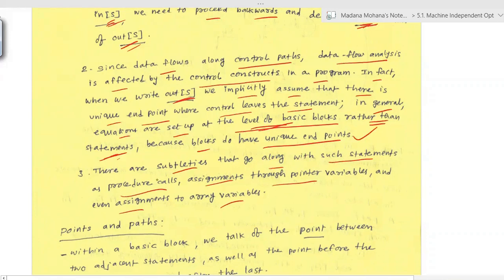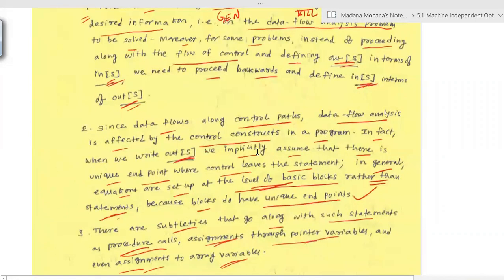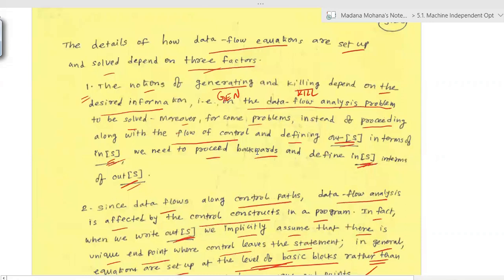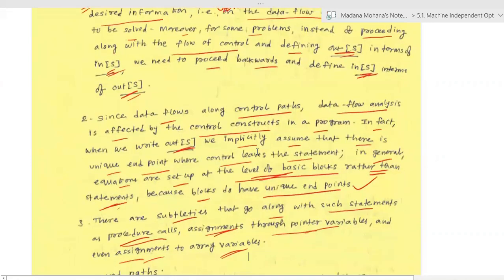Each such statement may be a procedure call, an assignment statement, a pointer statement, or an assignment with an index, that is an array, etc. We have around nine forms of three address statements, and any of those statements may be included in three address code. So these are the three factors used to set up and solve data flow equations.